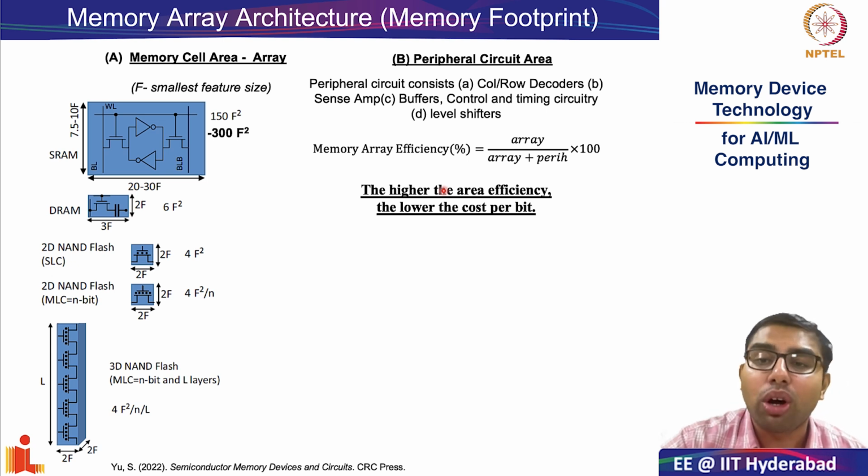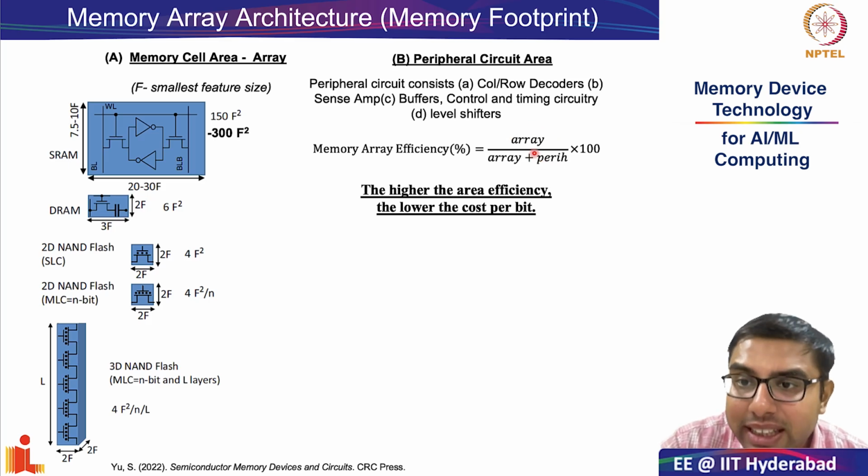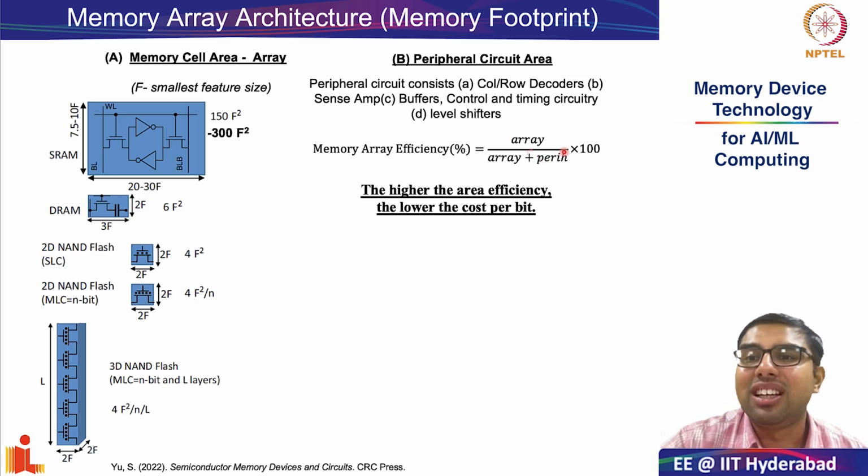Again, looking at your food delivery app, you would expect that the surcharge or the convenience fee, which is nothing but the peripheral in this example, should be much smaller compared to your food charge or your dish charge, which is nothing but your array area.